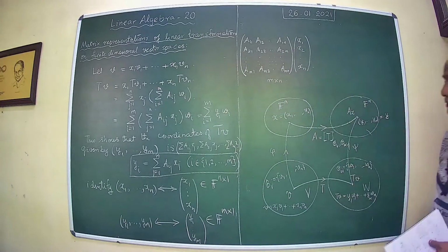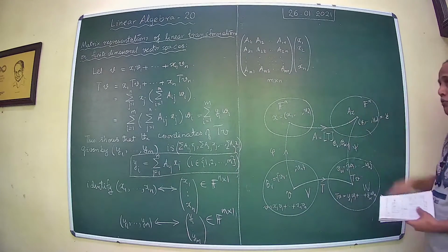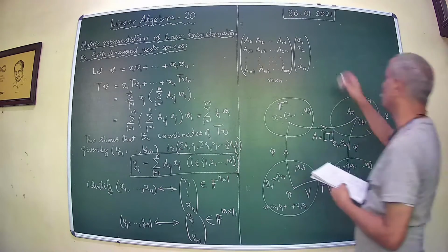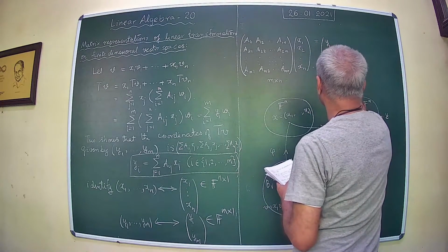These numbers we have determined in this way by looking at the images. Already we know how we have obtained those numbers. This is what you have. This gives you your y1, yn.